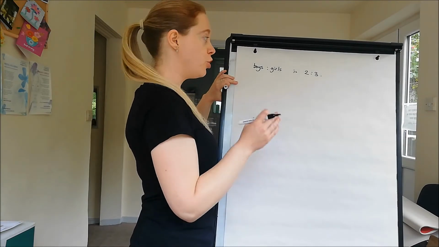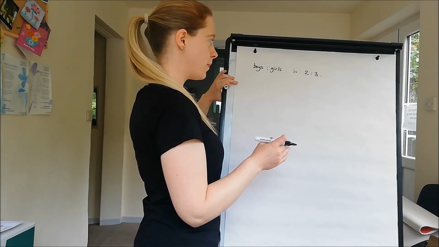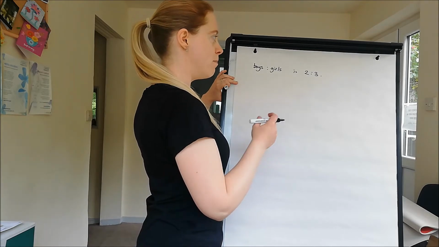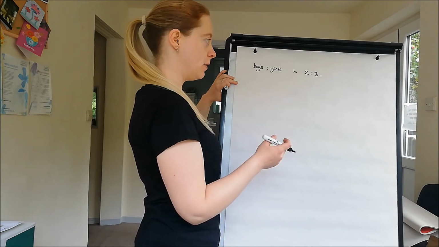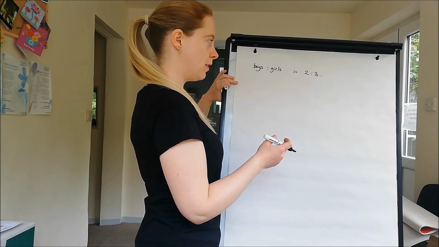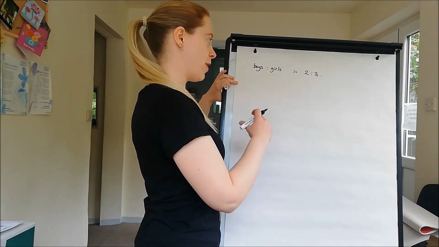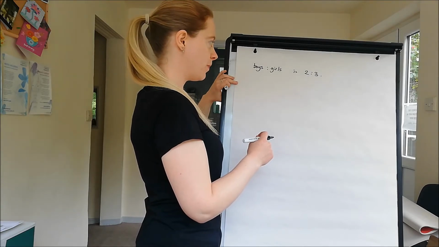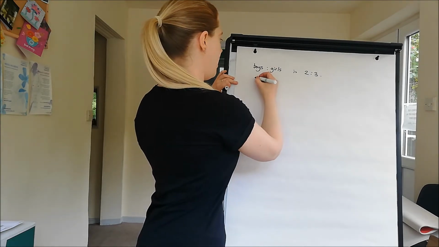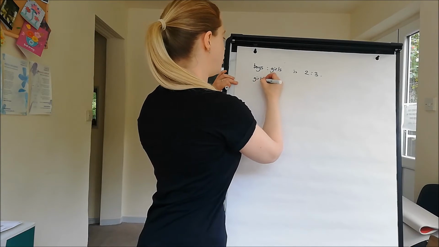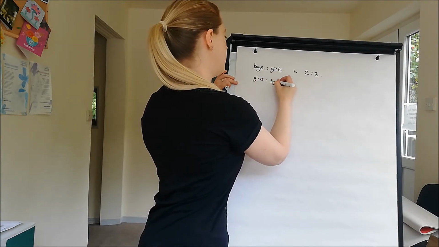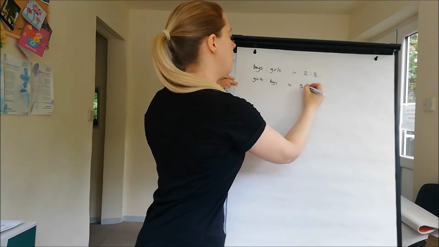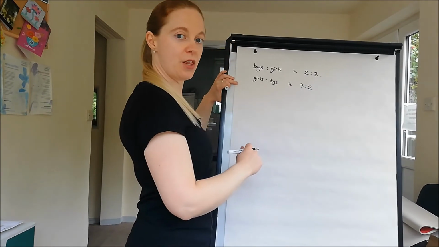The order does matter. We must put 2 to 3, and not 3 to 2. It is the ratio of girls to boys that is 3 to 2.